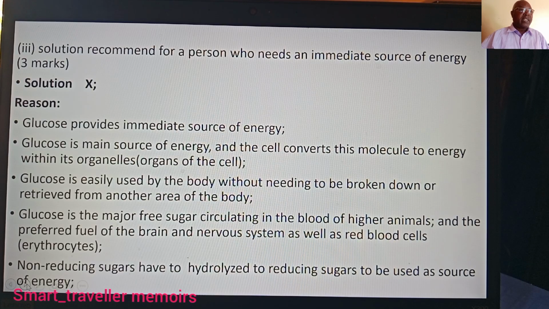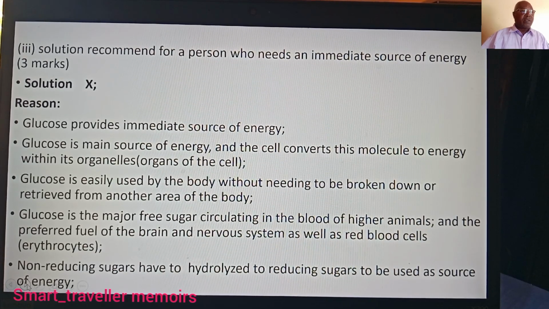Another reason is that glucose is easily used by the body without needing to be broken down or retrieved from another area of the body. And also, glucose is the major free sugar circulating in the blood of higher animals, and the preferred fuel of the brain and the nervous system, as well as red blood cells, or what we call erythrocytes.